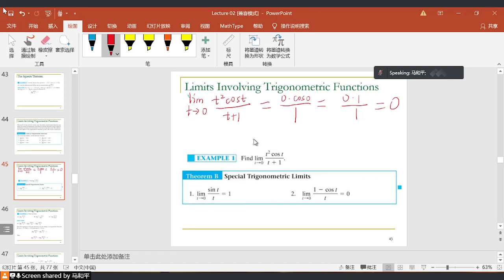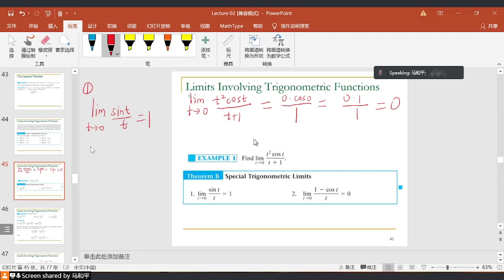Okay, and now we will learn very special trigonometric limits. They are very important. The first one is the limit as t approaches 0 of sin t over t, which is 1. And the second one is the limit as t approaches 0 of 1 minus cosine t over t, which is 0.